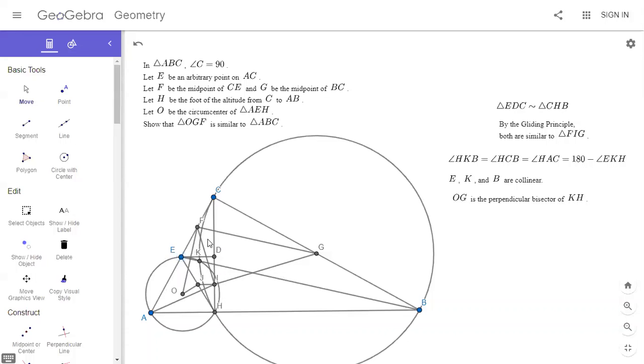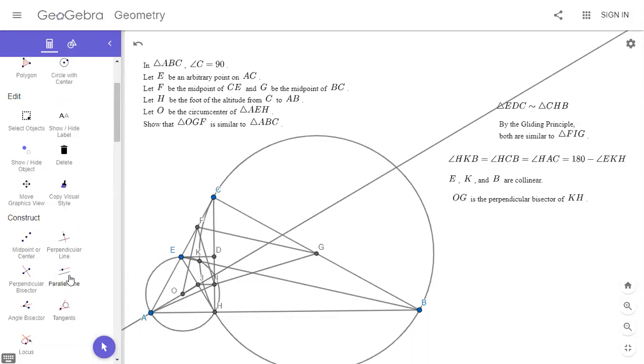Yes, that is also an approach. Oh, I'm sorry, you were thinking of it a different way. No, I'm saying that if you extend AO, it will always meet the circumcenter of ABC. It always passes through the circumcenter of ABC. Does that make sense?